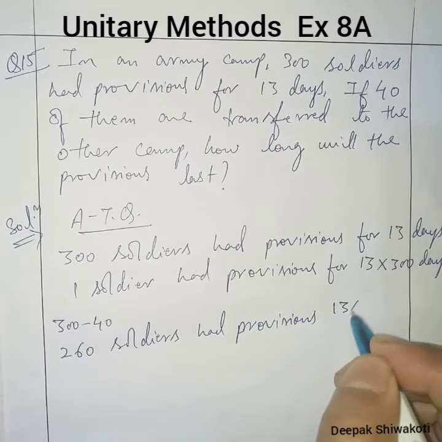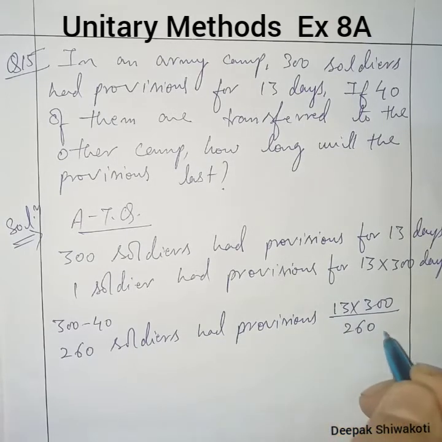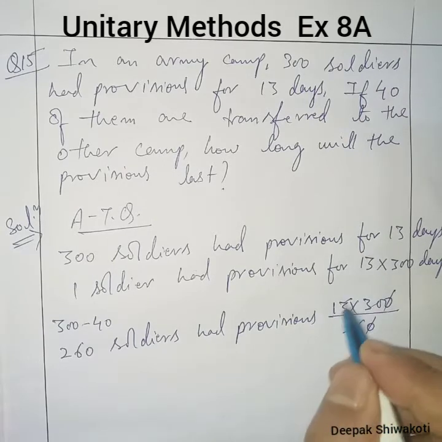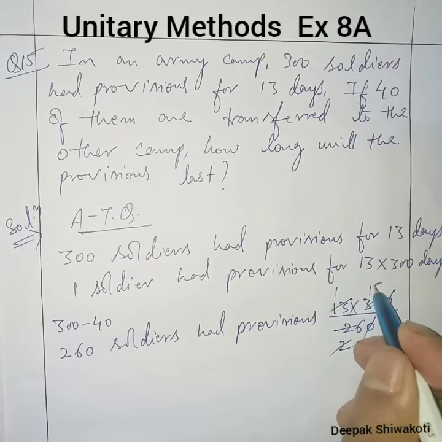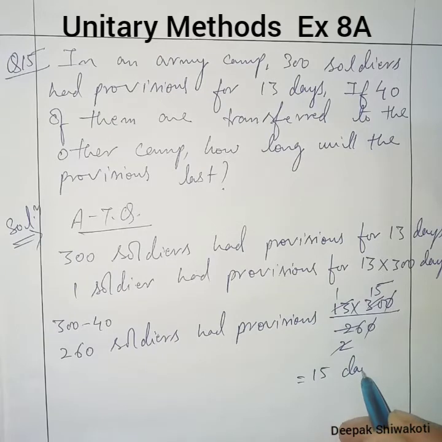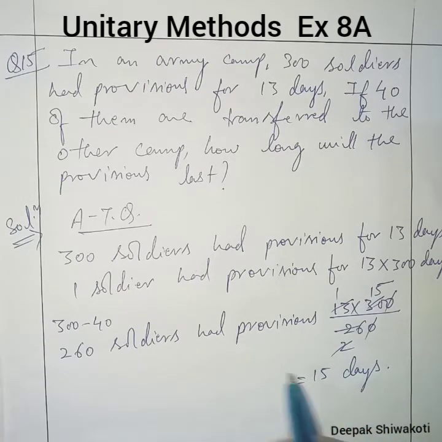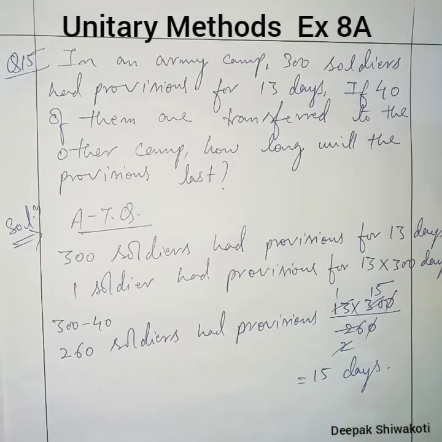So here we will divide by 260. So simplifying this, we'll get 15 days. Okay, so provision for 260 soldiers will last for 15 days. Next is question number 16.